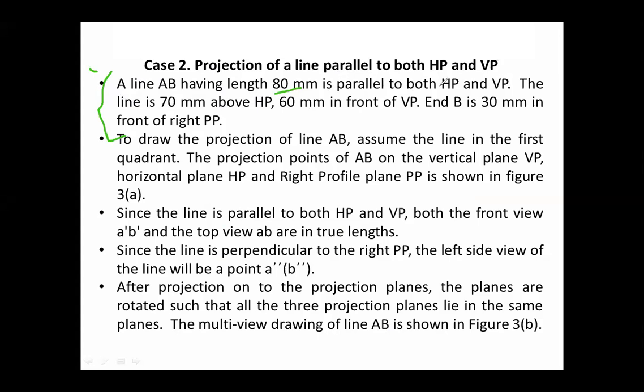Then it is parallel to both HP and VP. Orientation is also given. The line is 70 mm above HP and 60 mm in front of VP, and B is 30 mm in front of the right profile plane. Clear? So how will you do that?